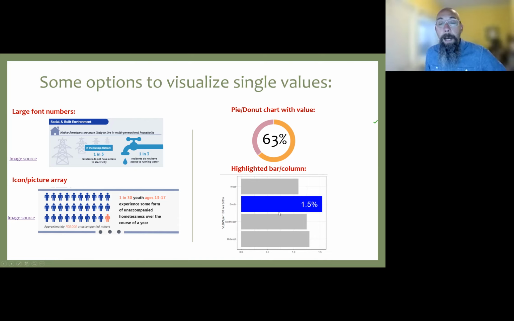And what I did is I wanted to tell the story of the prevalence of very low birth weight in the South. So I'm providing context to my one number, which is 1.5%. I'm providing context by showing these other regions, and you can see that the South has the highest prevalence of very low birth weight. And I'm using color to make this one stand out. So we can do that in a number of different plot types.